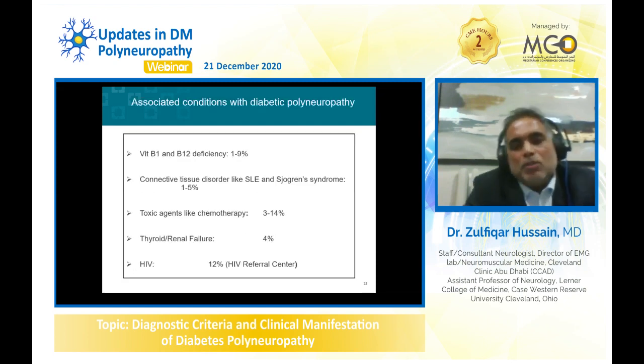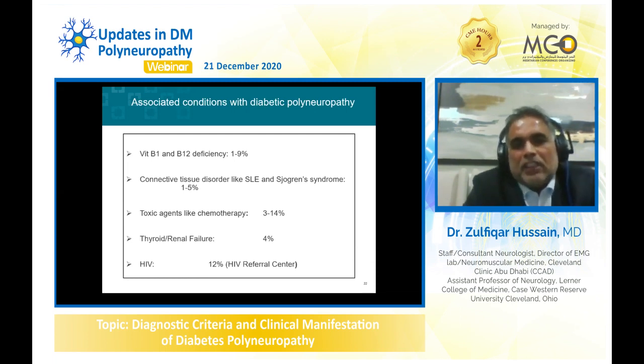Once we have diagnosed the patient with diabetic polyneuropathy, given that the prevalence of diabetes is that high, about 10% in the United States and more than 400 to 425 million people all over the world, those patients can also have another additional associated or independent reason for the peripheral neuropathy.